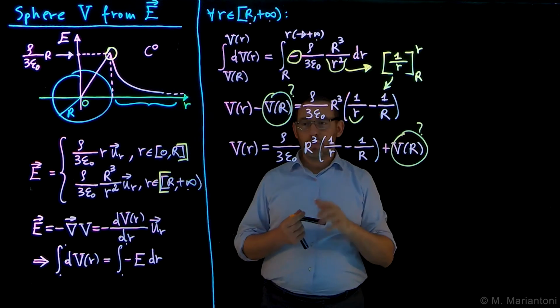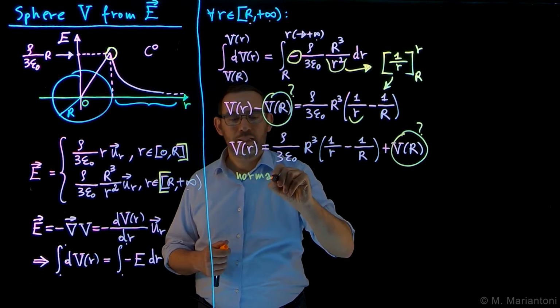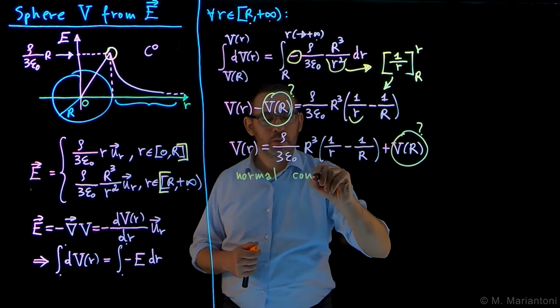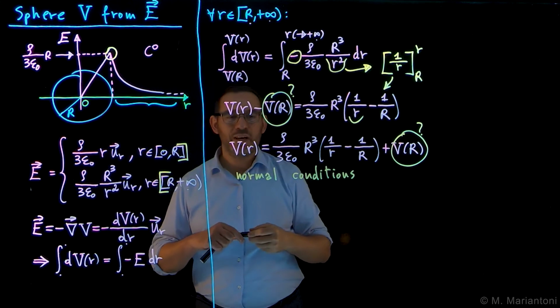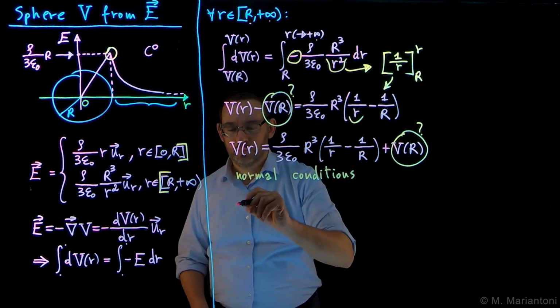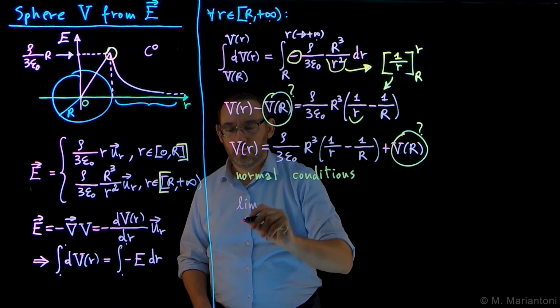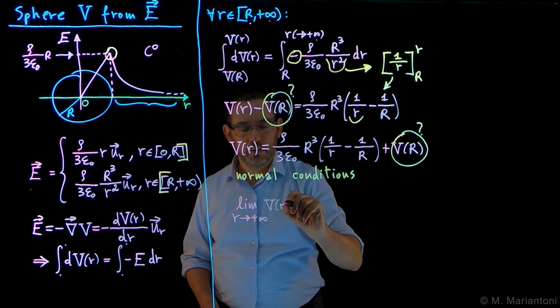Now, if we impose normal conditions at infinity, or simply put normal conditions, then what we need to compute is the limit for small r that goes to plus infinity of V of small r.